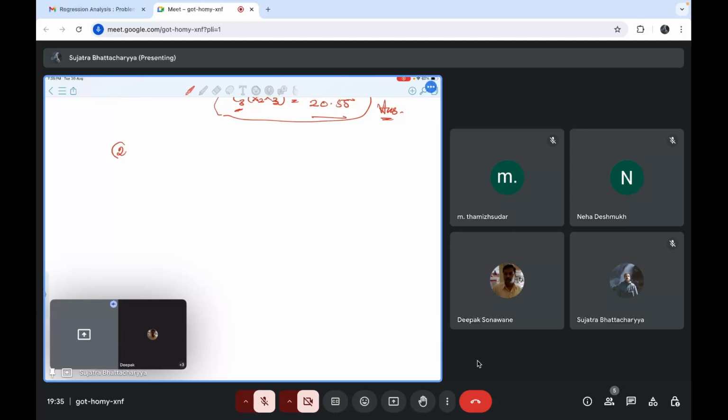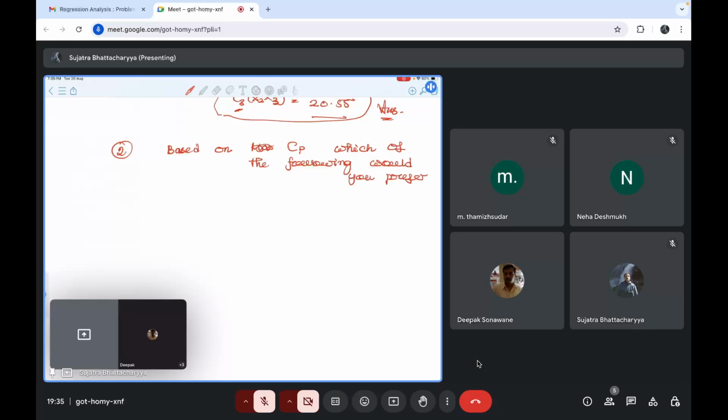Second is, again based on Mallows statistic or Cp, I am writing: which of the following would you prefer most?